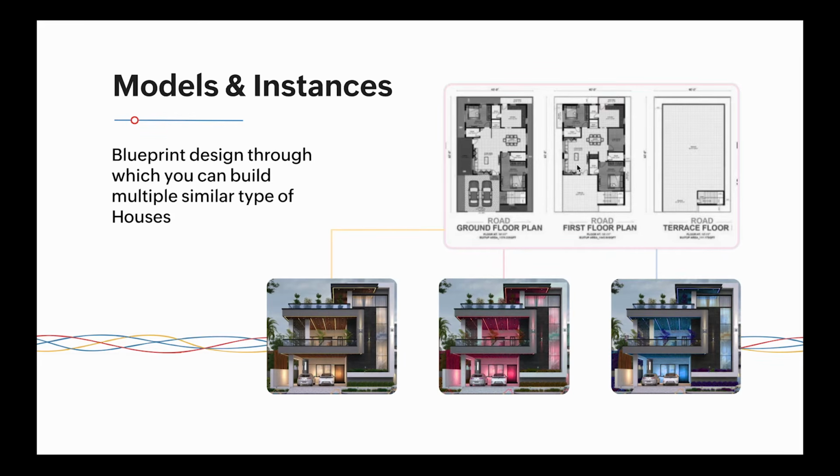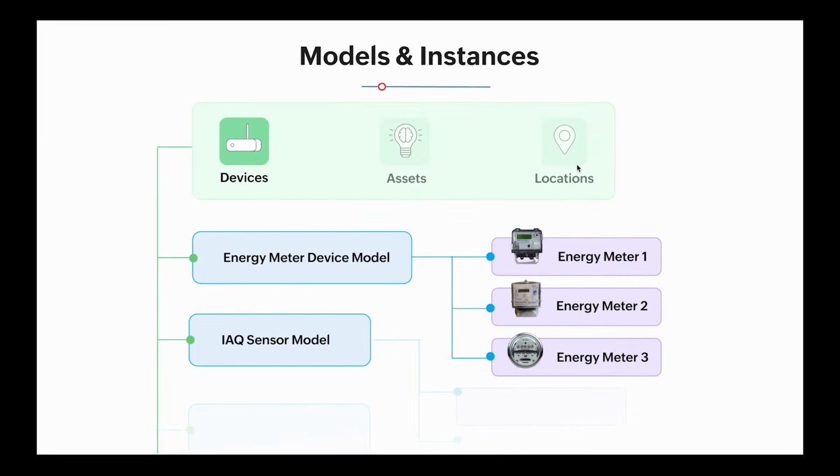The individual houses will inherit those structural layouts and dimensions, and they can even have unique colors over and above the basic fundamental layouts. Similar to that, we represent device models under the devices module. For example, an energy meter device model can represent multi-vendor energy meters that are going to be deployed at multiple locations.